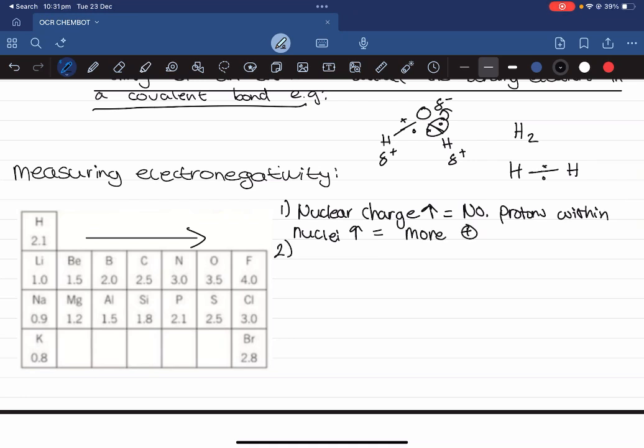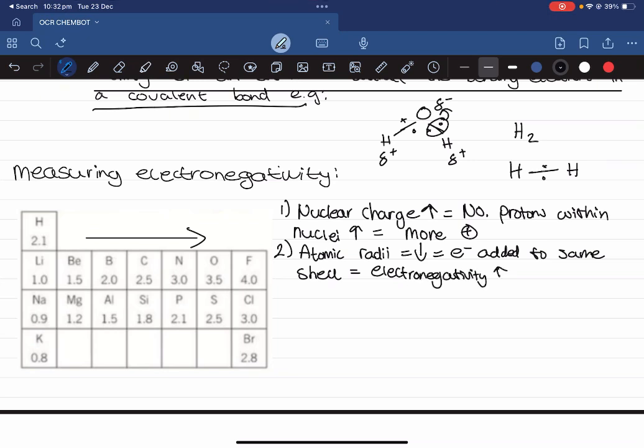Now, number 2, across the periodic table, the atomic radii decreases. Therefore, electrons are added to the same shells. Therefore, electronegativity increases.